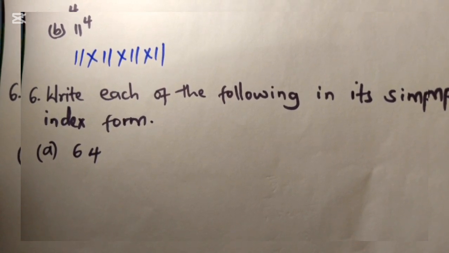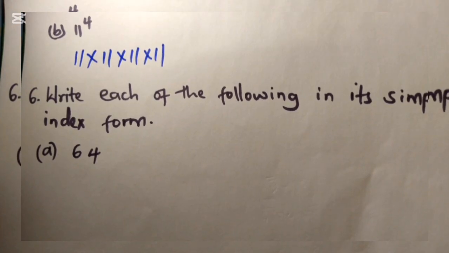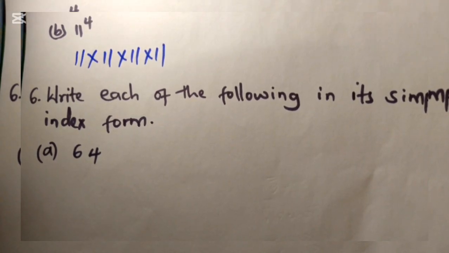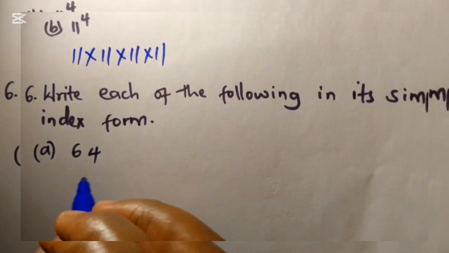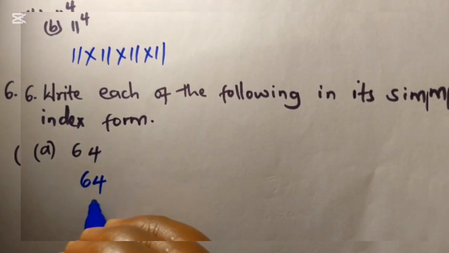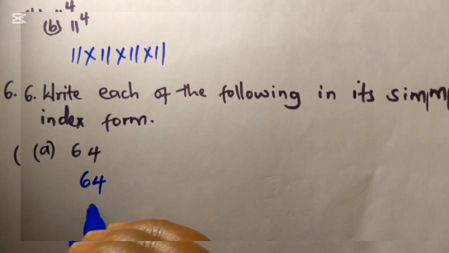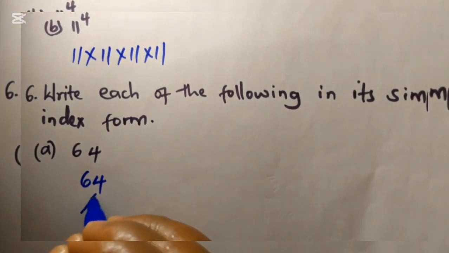In cube roots we have tried to use the factor method, and that is what we are going to use now. So if we have 64, we want to get the prime factors of 64.